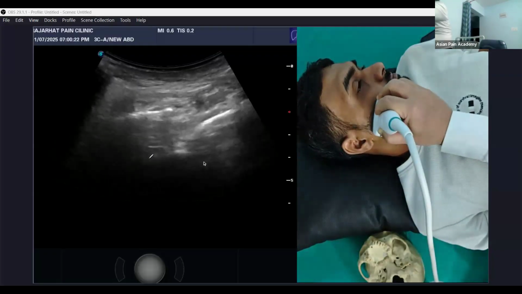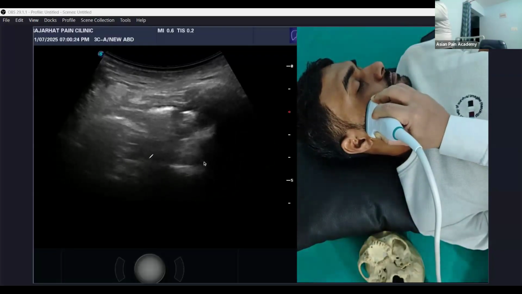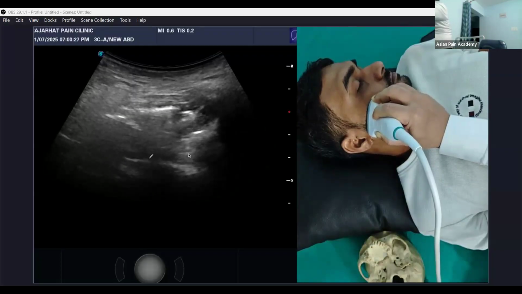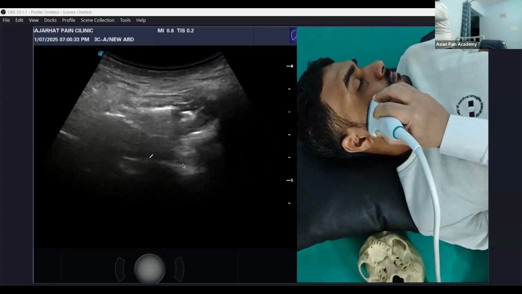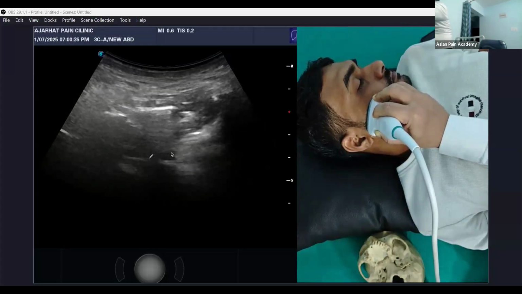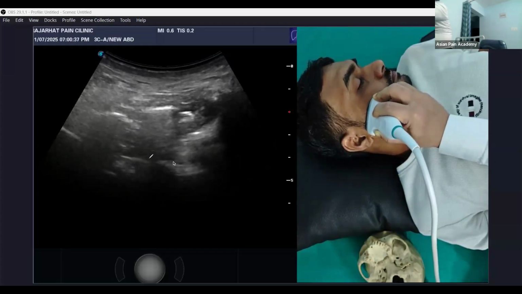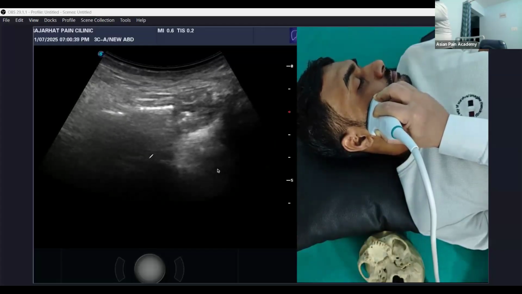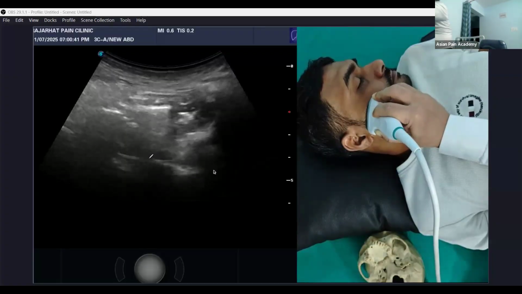If we go a bit high up this side, when we go, we can hit the pterygoid plate here. This is the pterygoid plate. Here some vessels are there. Directly we cannot see, but it can be an assisted thing.